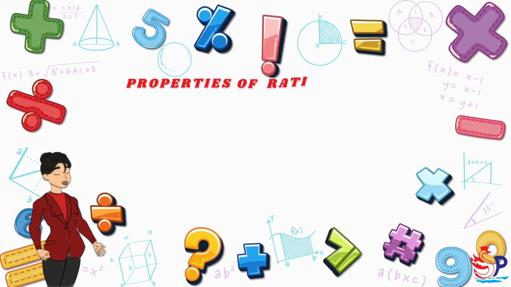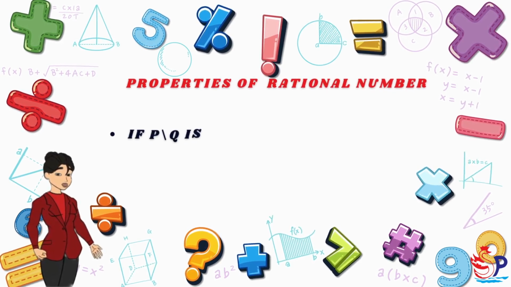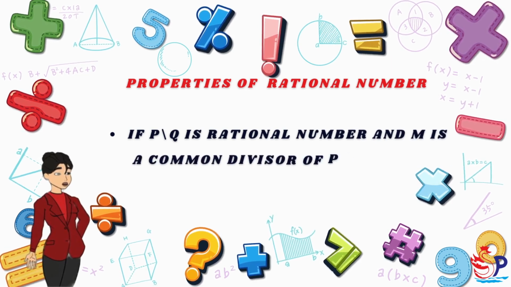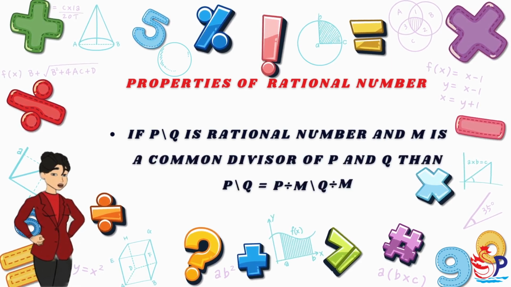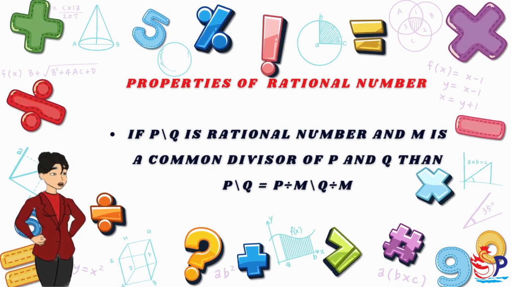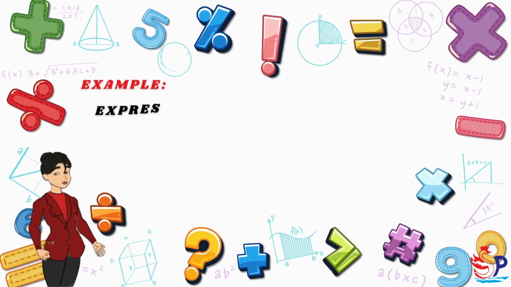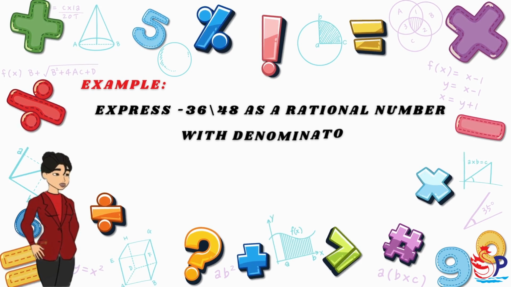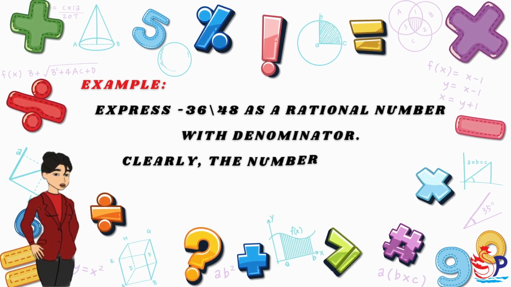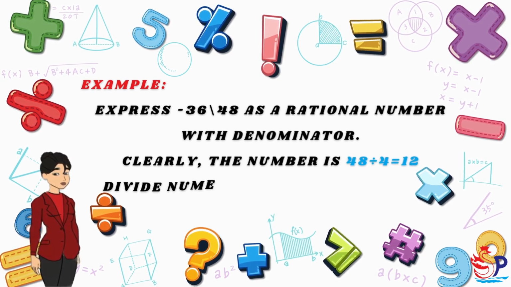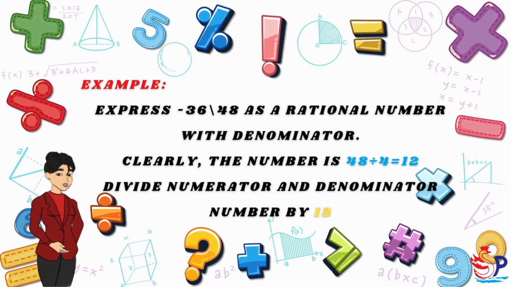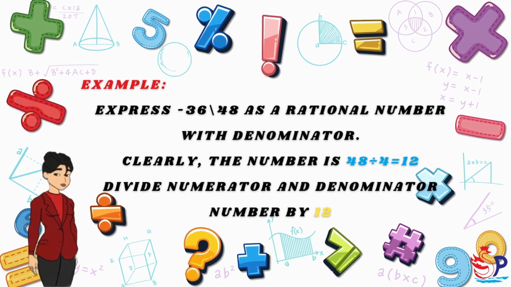Properties of rational numbers. Second, if p by q is a rational number and m is a common divisor of p and q, then p by q is equal to p divided by m by q divided by m. Example: express -36 by 48 as a rational number with the smallest denominator. Clearly, the common divisor is 12, since 48 divided by 4 is equal to 12.